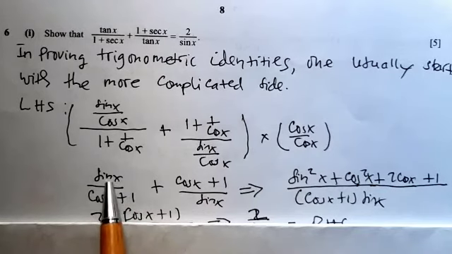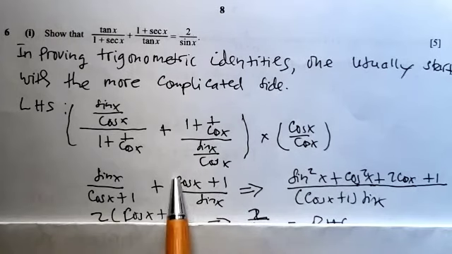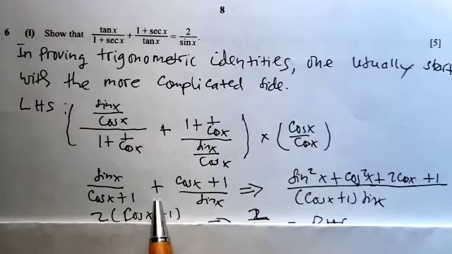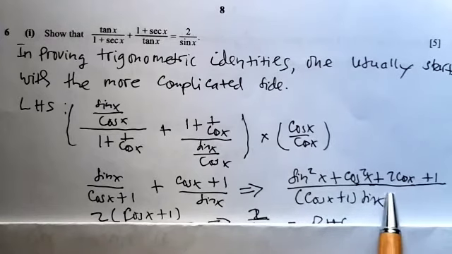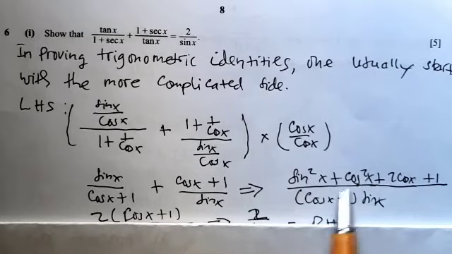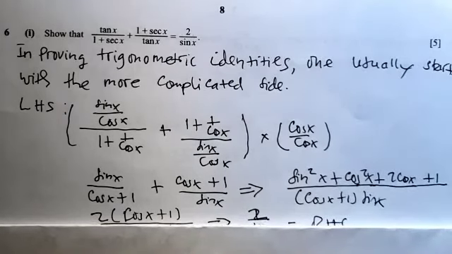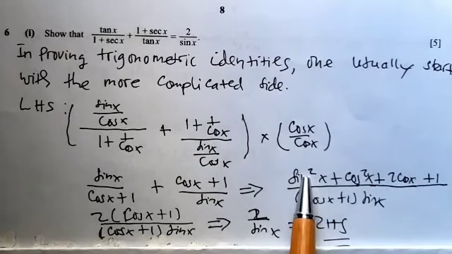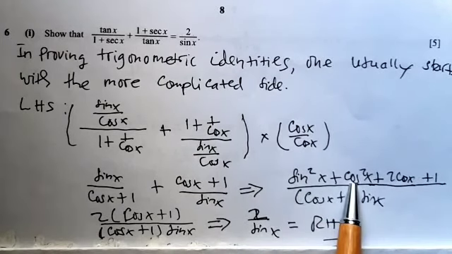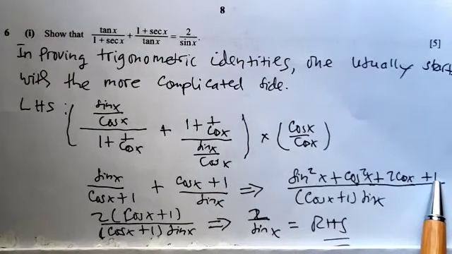Thus sin times sin is sin squared, and the other numerator is multiplied by cos x plus 1, because the denominator is now (cos x + 1) times sin x. (cos x + 1)(cos x + 1) is cos squared x plus 2 cos x plus 1. Sin squared x plus cos squared x is 1, so here is 1 and here is 1, thus 2.